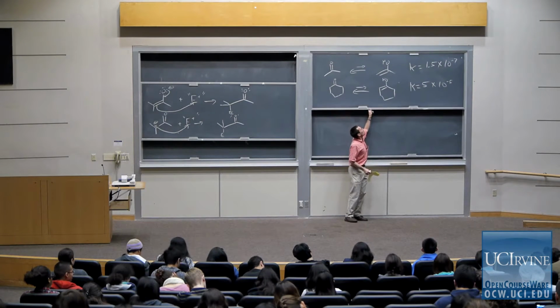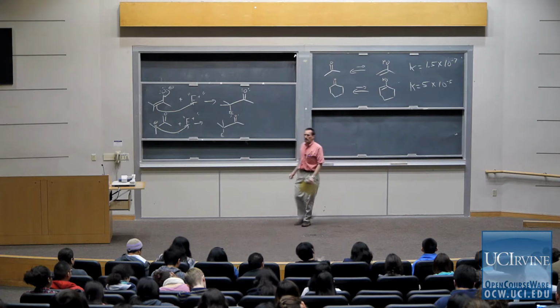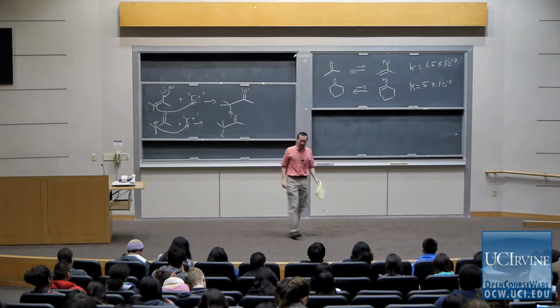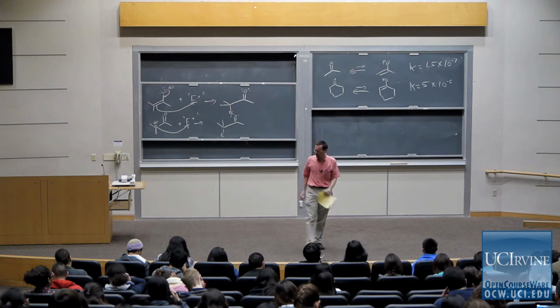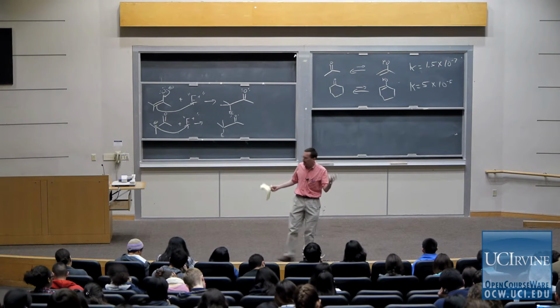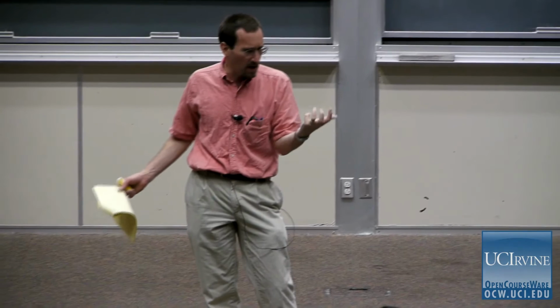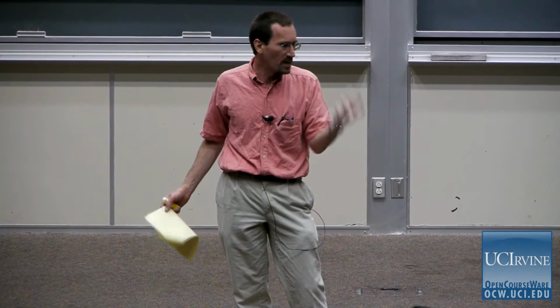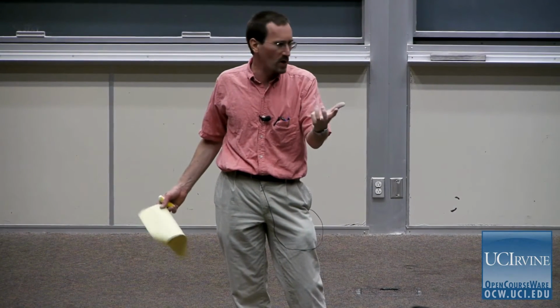As I said, in general, aldehydes are a little bit more enolic than ketones. That's not necessarily surprising. Remember, the aldehyde carbonyl group is pretty darn unhappy as a carbonyl group. It's only got 1 alkyl group donating in.